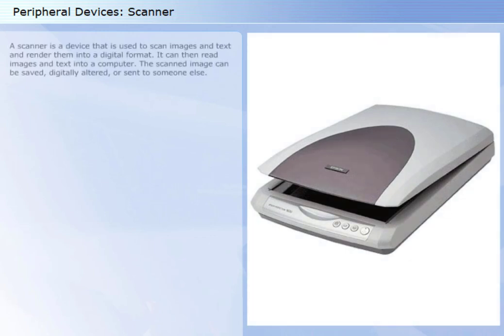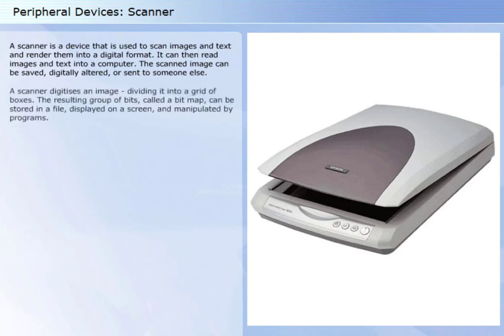A scanner is a device that is used to scan images and text and render them into a digital format. It can then read images and text into a computer. The scanned image can be saved, digitally altered, or sent to someone else. A scanner digitizes an image, dividing it into a grid of boxes.